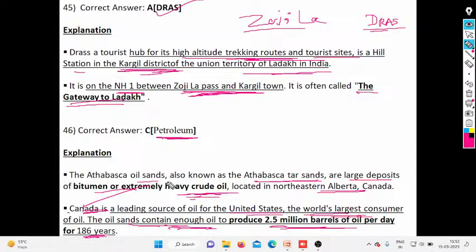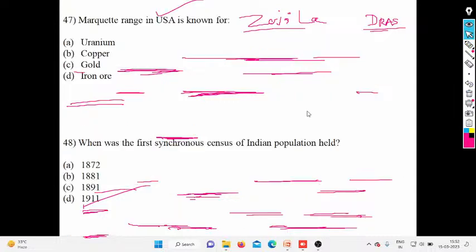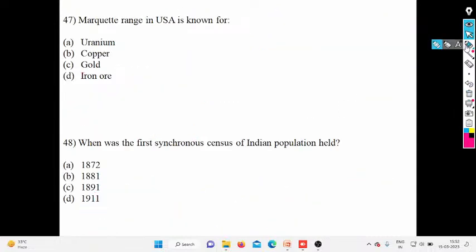Next question. Marquette Range in USA is known for uranium, copper, gold, and iron.